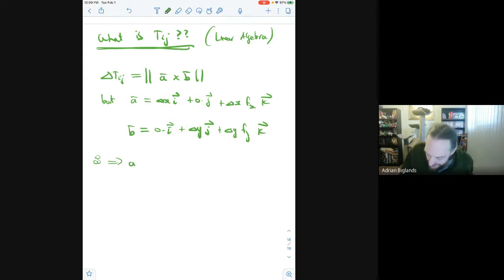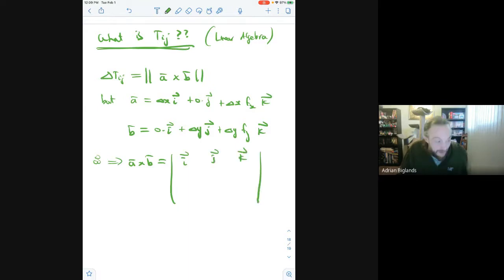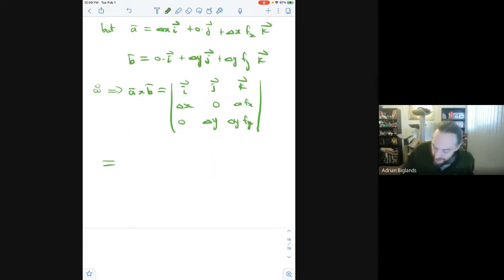Therefore, A cross B is equal to the 3 by 3 determinant with i, j, k, where I put this in here. Now I get delta x, 0, delta x fx, and then 0, delta y, delta y fy. This gives the final vector: negative delta x delta y fx, comma, negative delta x delta y fy, comma, delta x delta y.